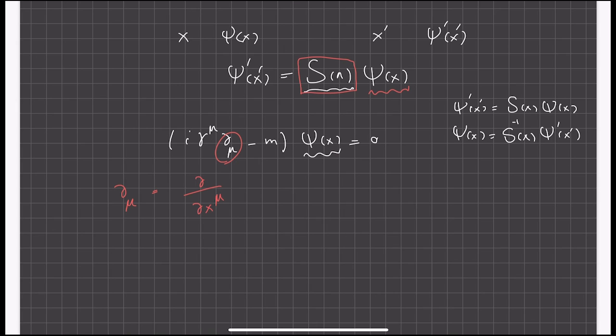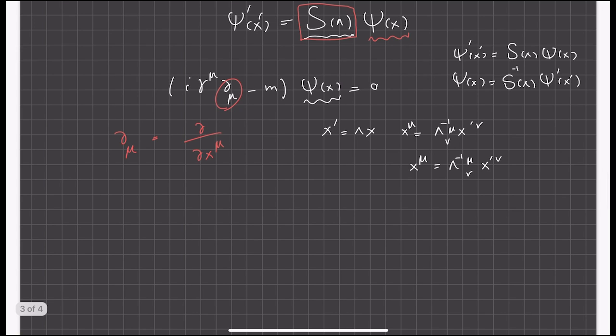When we say x prime is equal to lambda acting on x, basically x is equal to the inverse of that Lorentz transformation acting on x prime. If we want the component, we can write x mu as the inverse of this Lorentz transformation acting on x prime nu.